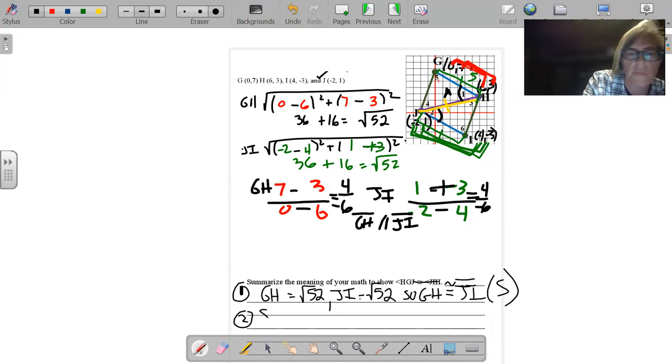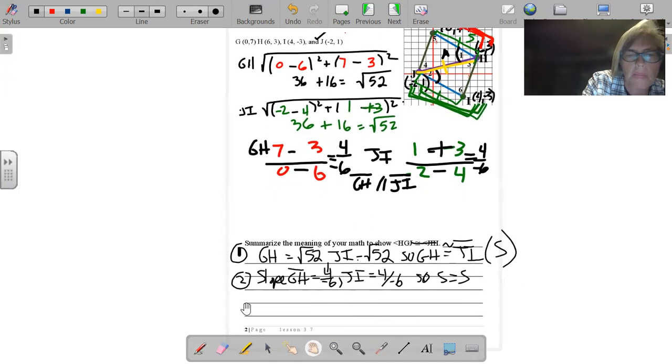Number two. Slope of GH is 4 over negative 6. Slope of JI, 4 over negative 6. So slope equals slope. GH is therefore parallel to JI.